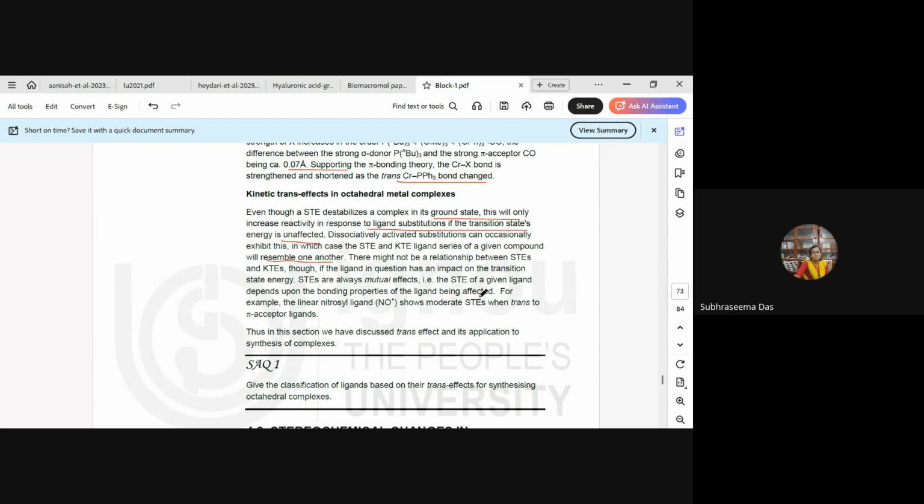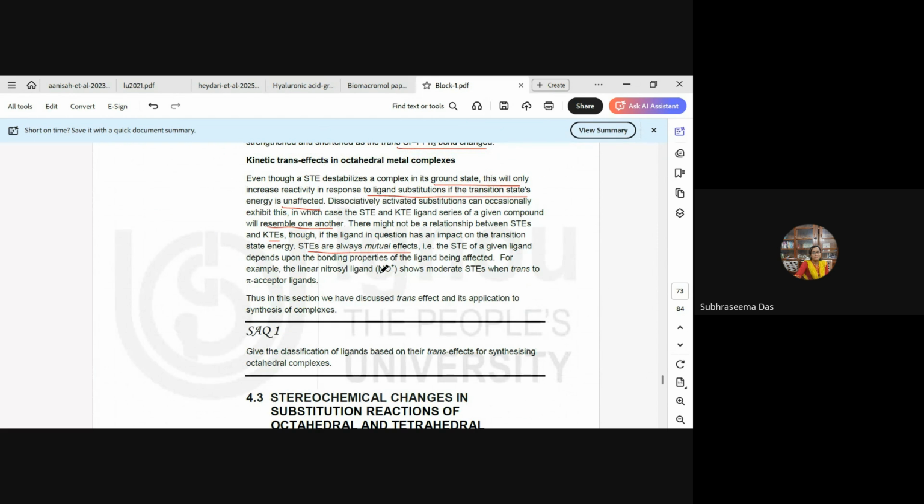There might not be a relationship between STEs and KTEs if the ligand in question has an impact on the transition state energy. So STEs are always mutual effects, that is, the structural trans effect of a given ligand depends upon the bonding properties of the ligands being affected. For example, the nitrosyl ligand shows a moderate STE when trans to a pi acceptor.